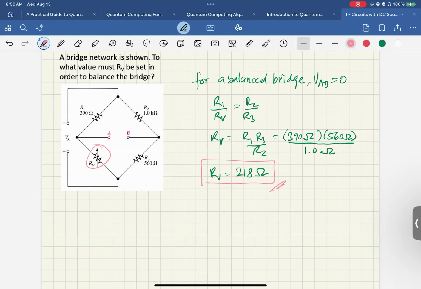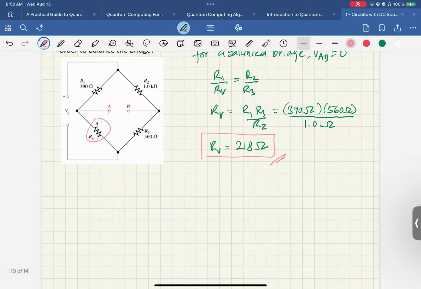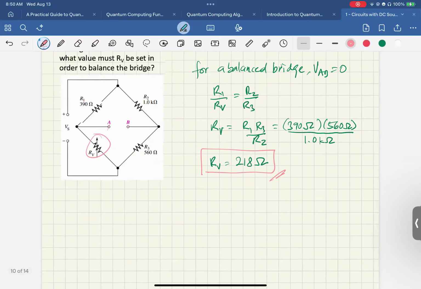You turn the knob and set the resistance of that resistor to 218 ohms, and that will balance the bridge.